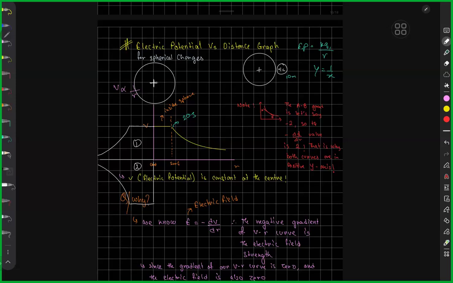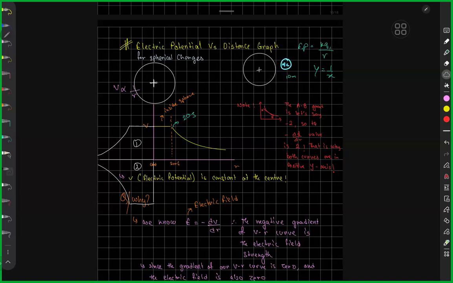If I bring a positive charge near a positive charge, from this side to this side, I will do positive work done. If I bring it from the other side to here, I will do positive work done as well. In either case, I'm doing 20 joule of positive work because I'm working against the repulsive force. This is electric potential.